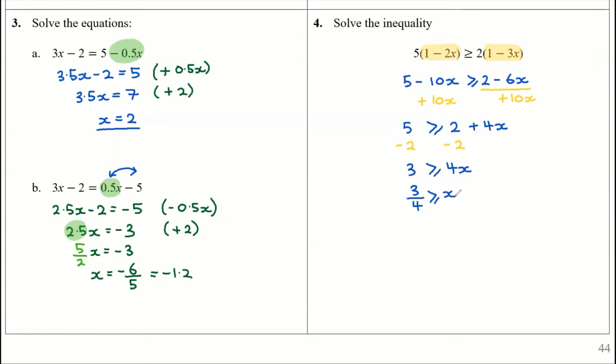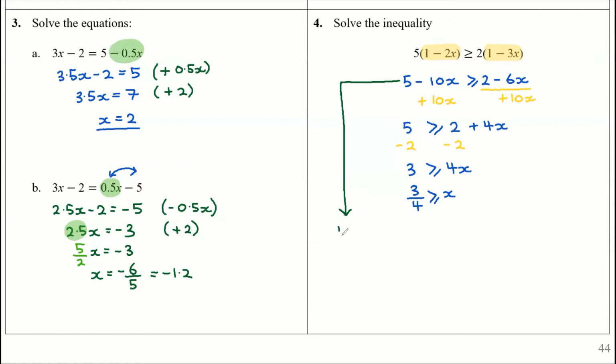Okay, now that's one approach. An alternative, you could have gone a different route here. Now I'm just going to explain why this is important. If we just do a little side step here, I'm just going to talk about an alternative approach. Suppose we decide to add 6x to both sides instead, okay, to clear the x's from the right hand side.